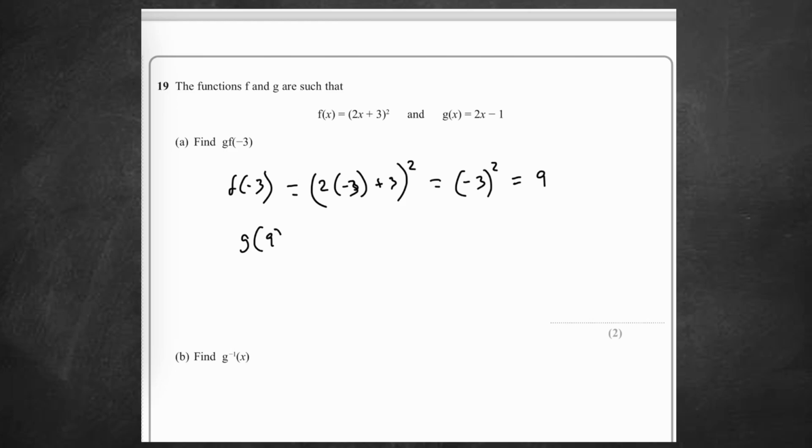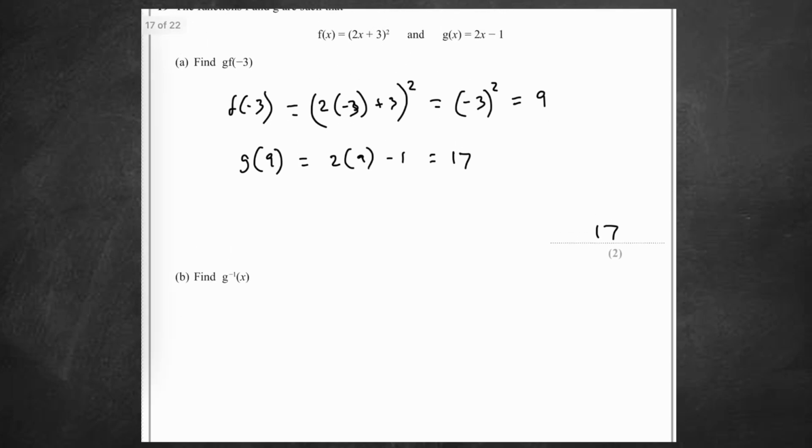So then we need to do g of 9, which is going to be 2 lots of 9 minus 1, which is just 17.